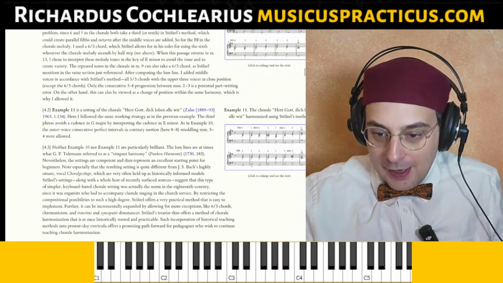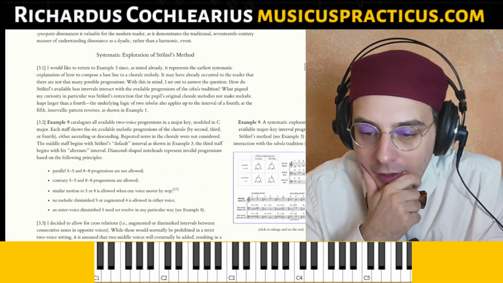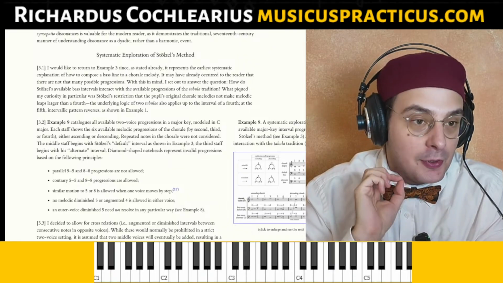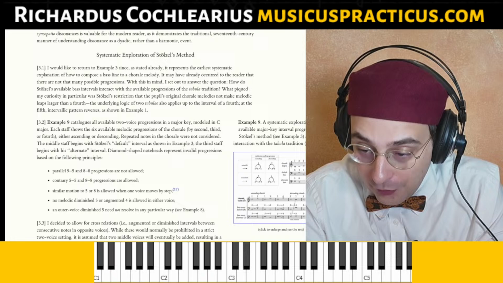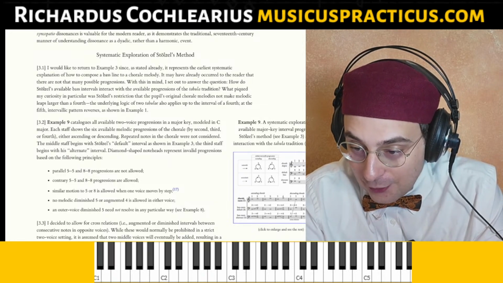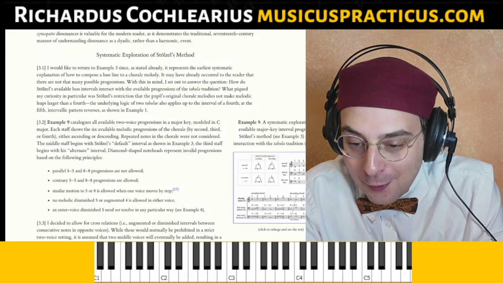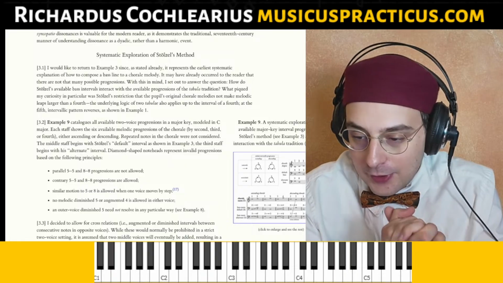So, part 3 of this interesting thing. Systematic exploration of Stölzel's method. 3.1. I would like to return to example 3. It represents the earliest systematic explanation of how to compose a bass line to a chorale melody.